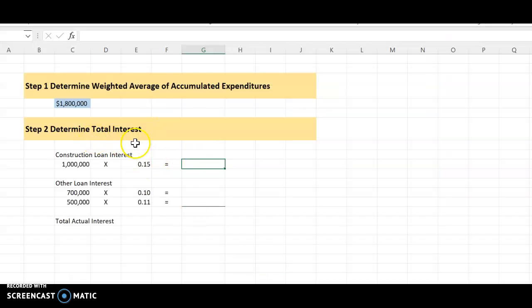To compute the total interest, we will just multiply the loan amount times the interest rate to get the total interest for that year. And we'll do that for each one.